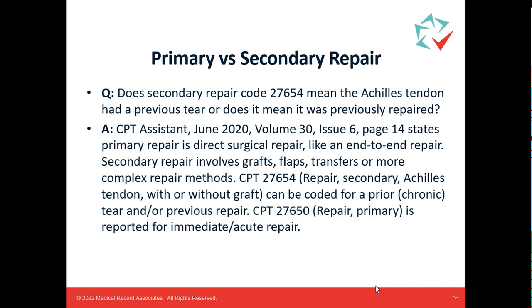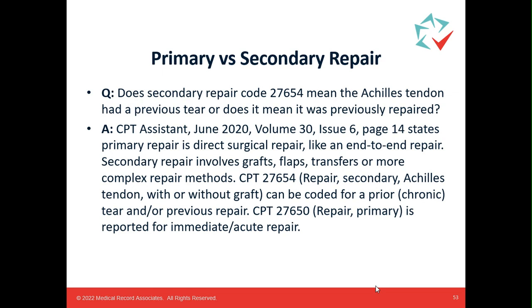We have a really helpful CPT Assistant from June 2020. The question was posed, does secondary repair code 27654 mean the Achilles tendon had a previous tear, or does it mean it was previously repaired? So CPT Assistant is going to clarify a bit for us here, stating that primary repair is a direct surgical repair like an end-to-end repair, where secondary repair involves grafts, flaps, transfers, or more complex repair methods.